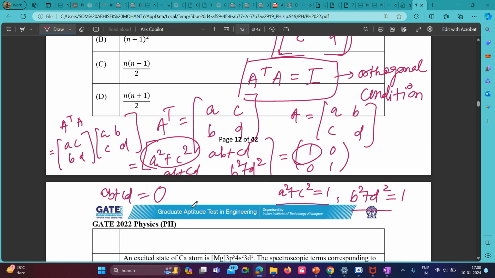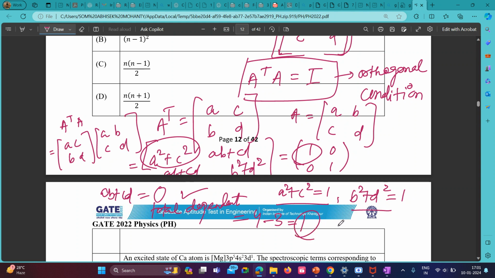So that is also one constraint. So this will make one more component dependent. So the total number of independent components will be how much? 4 minus 3, that is 1. 4 minus 3 is equal to 1, isn't it?